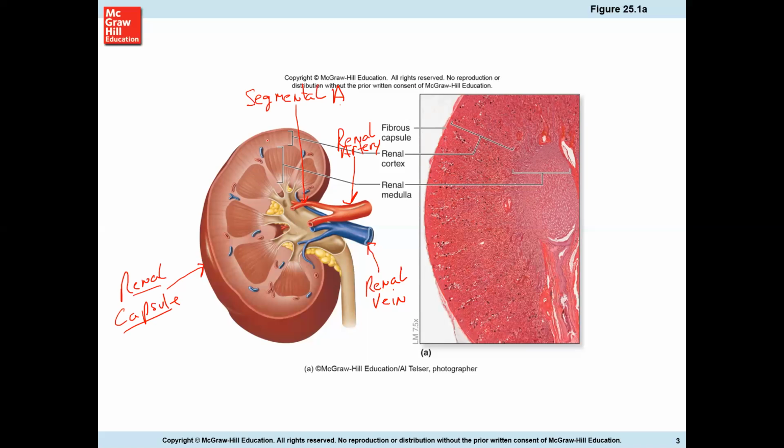All right, but if you notice, there's an outer portion. And if you remember, the outer portion is called cortex, which means bark, right? So this is the renal cortex. Remember, the renal cortex is important. I'll tell you why. Because this is where the glomerulus is, or the renal corpuscle.